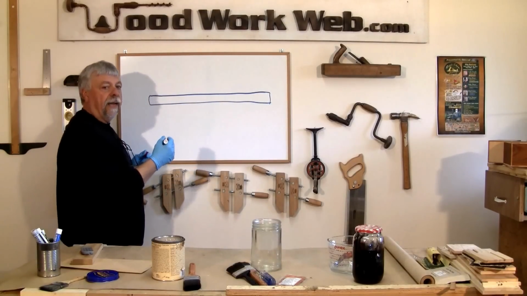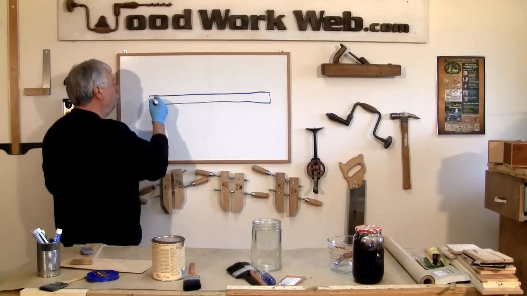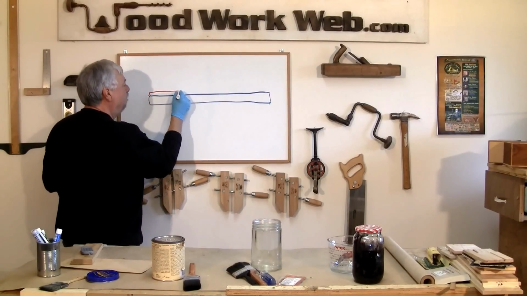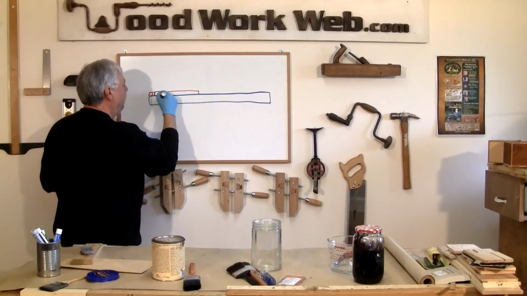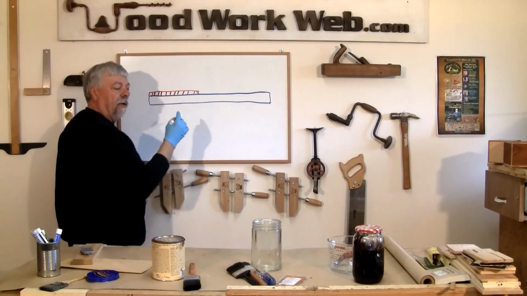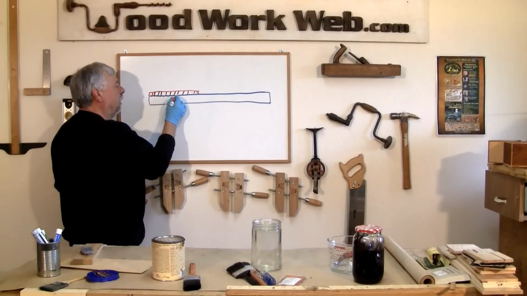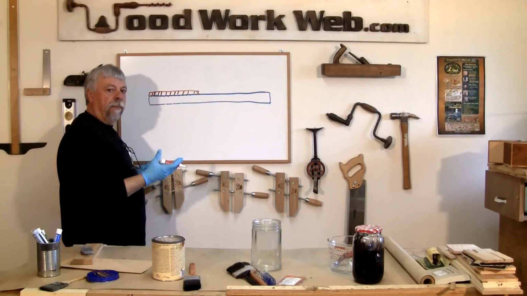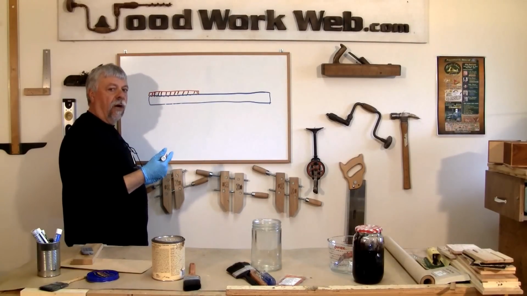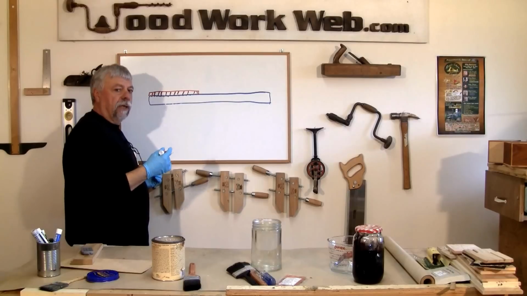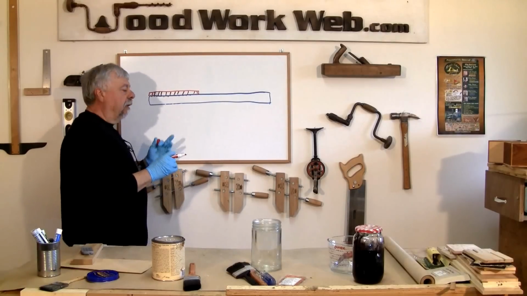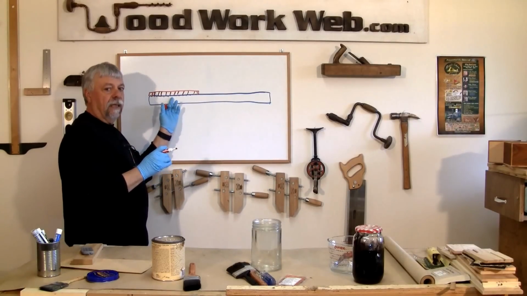A stain will go on like this. A stain basically sits on top of your wood. Now it will penetrate a very little bit into the wood, but basically if you put a stain on and you don't like it, you can sand it off, assuming you're not dealing with veneers, but it sits basically on top.